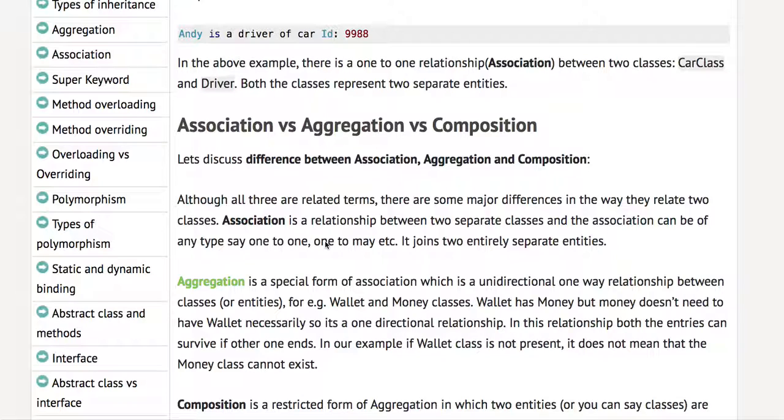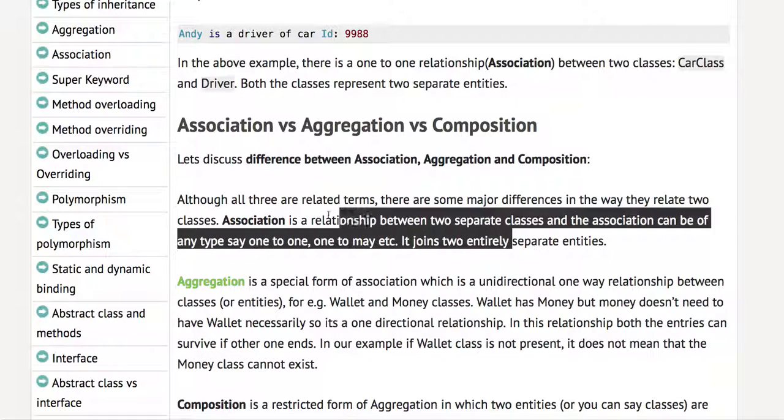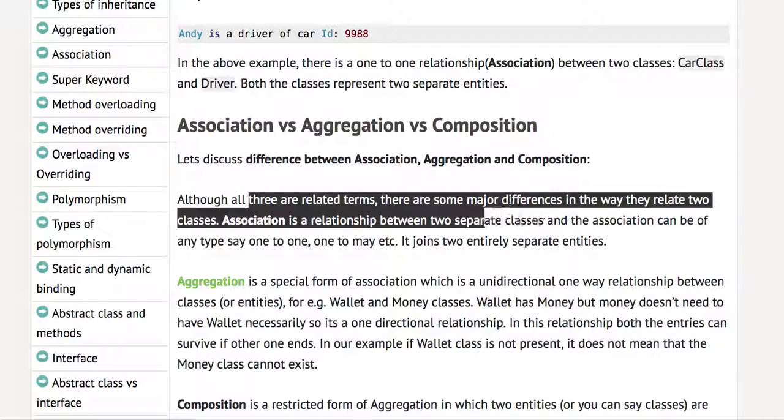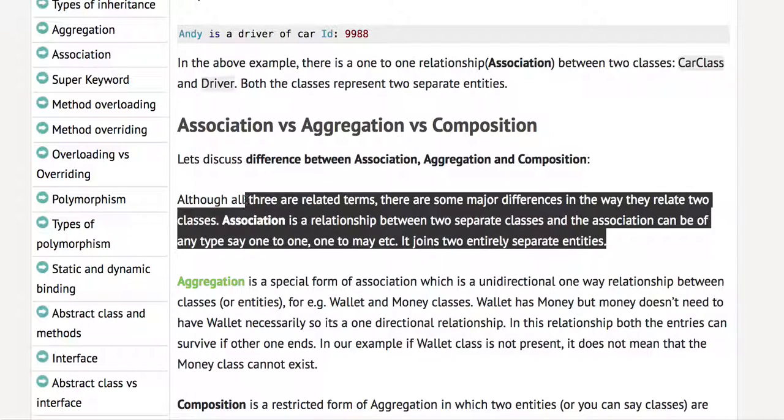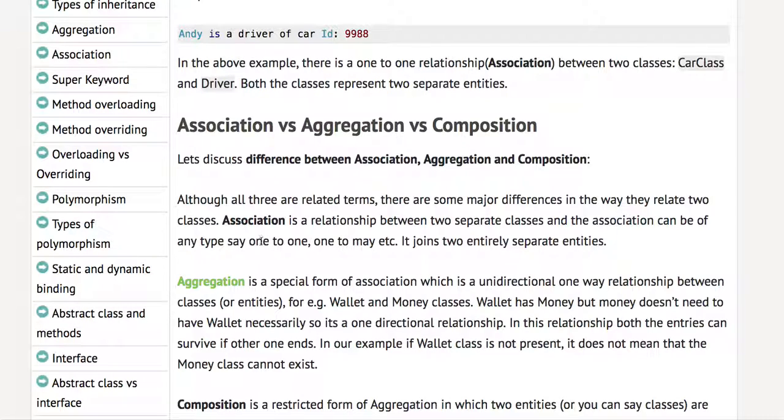Or the second class can have instances of the first class as instance fields. So the relationship could be one-to-one, one-to-many, or many-to-one, right? And it joins two entirely separate entities.